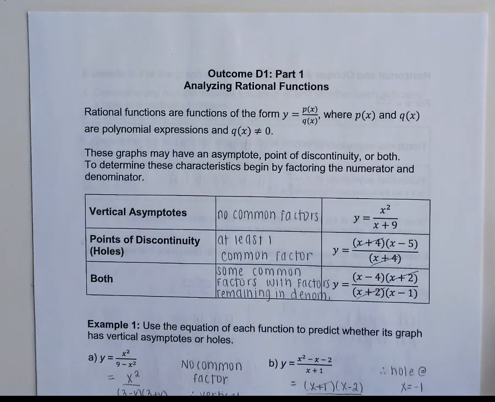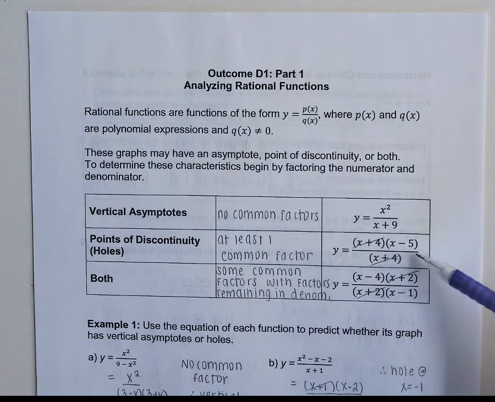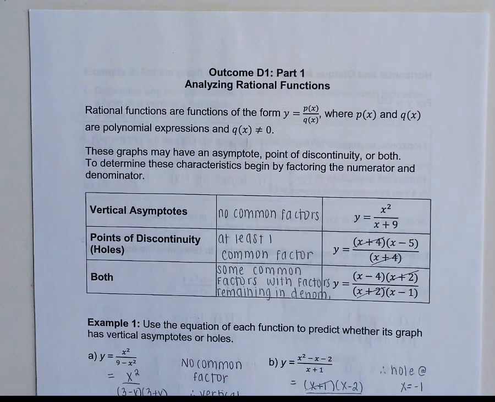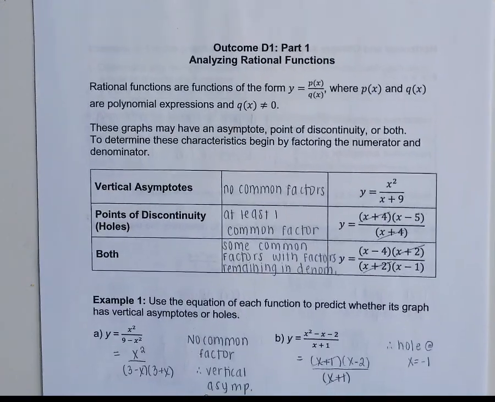Because those factors cancel out, this creates a hole in the graph, and this hole will only exist at x equals negative 4. I'll show you in a little bit how to find the y value of that point. So because those factors cancel out, we get 1 point of discontinuity instead of an asymptote at that non-permissible value.